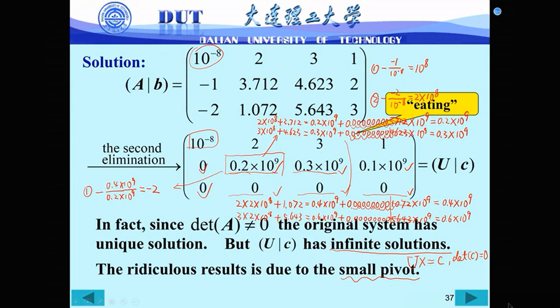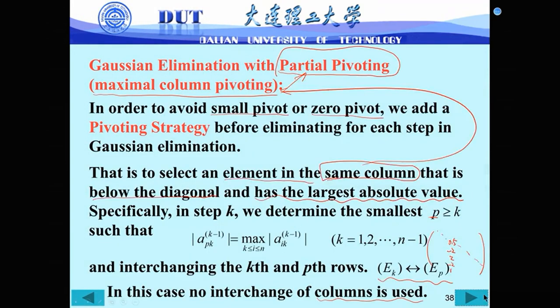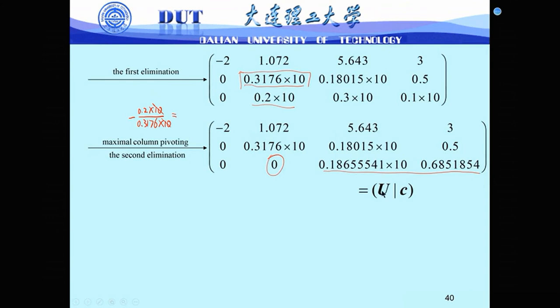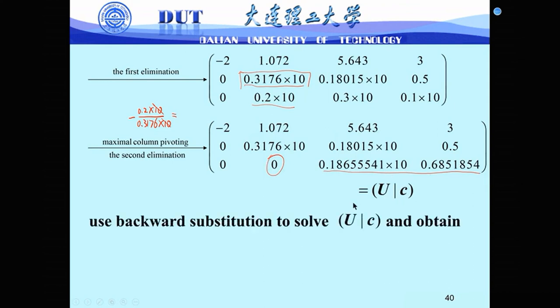But now by using column pivoting, right? Before elimination, we choose new pivot. Okay, in step 1, right? Okay, then here we obtain another U and C. Now you see we don't have all 0 numbers, right? Okay, in this case, we can use backward substitution to solve Ux equal to C, right?